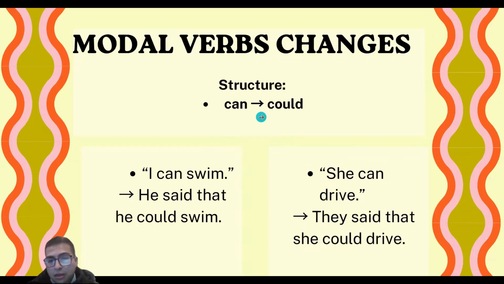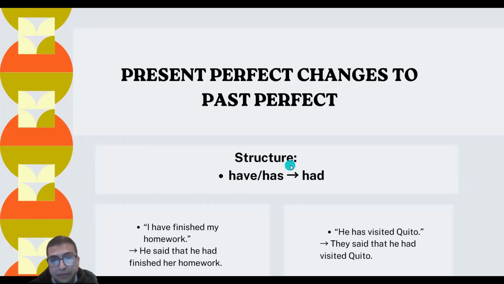And now we have the present perfect changed to past perfect. For example, in the structure we have the auxiliary verb have or has in present perfect, and it becomes had.